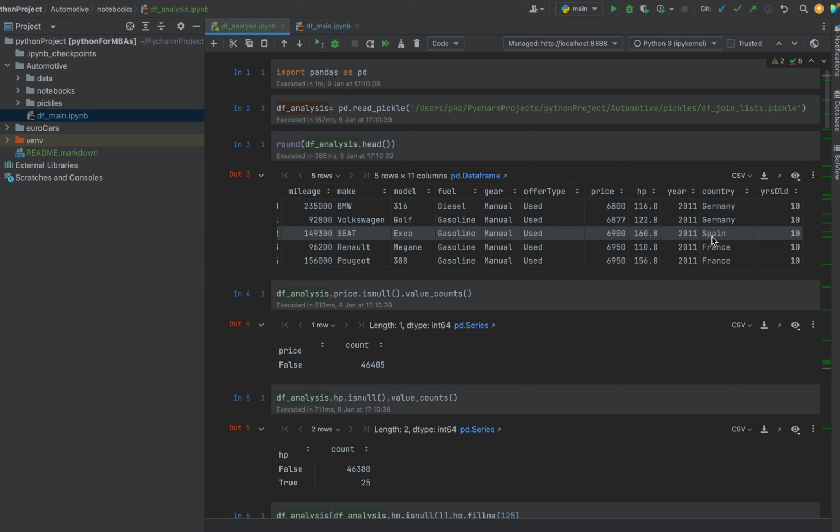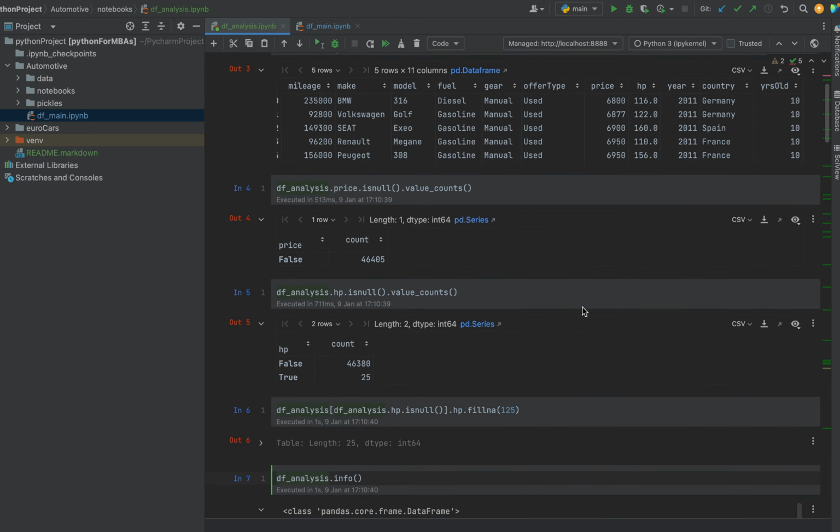So the blank entries in horsepower were called undetermined.